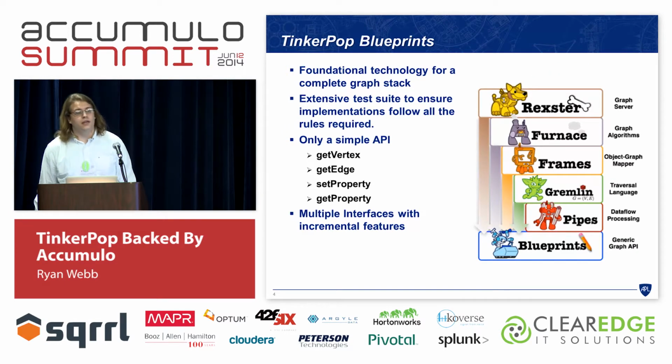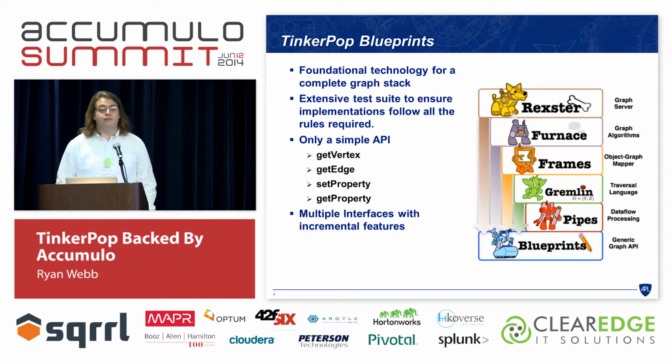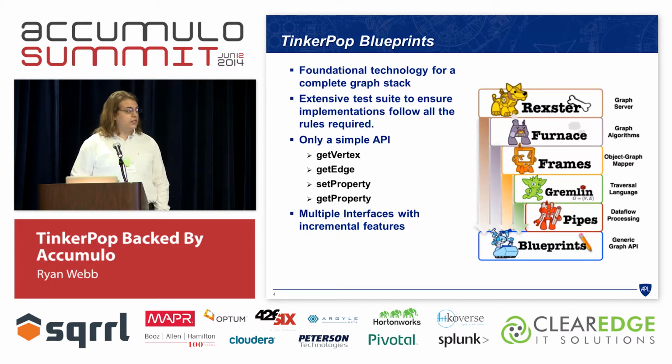TinkerPop Blueprints is a very simple API that's the foundation for the entire TinkerPop stack. The TinkerPop stack encompasses a graph server, which gives you REST access to your graph, a graph algorithms engine, an object to graph mapper, a traversal language, and a data processing pipeline framework.